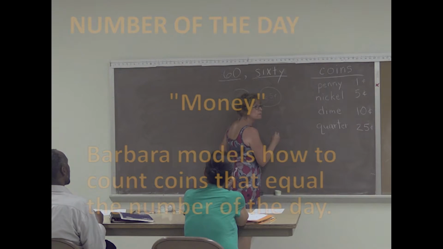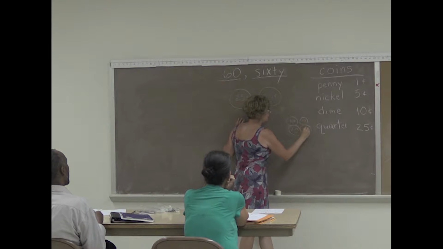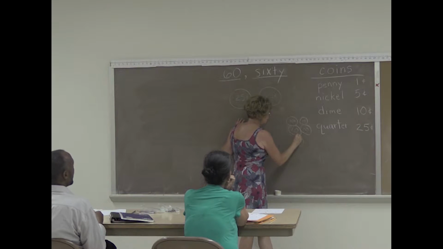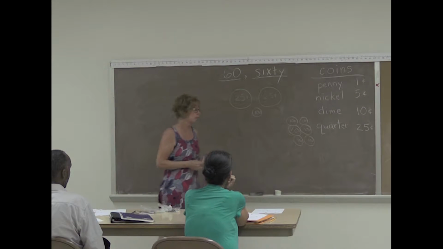How many dimes? 6 times. So we've got 10, 20, 30, 40, 50, 60. All right, 6 dimes. That equals 60 cents, right? That is one way to draw 60 cents.